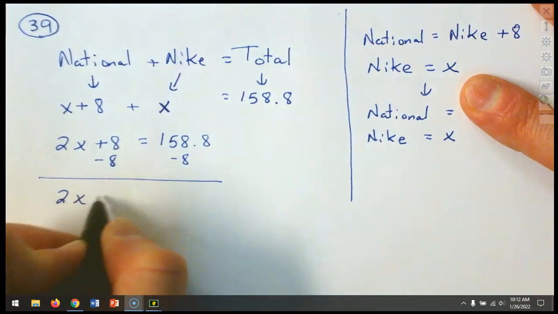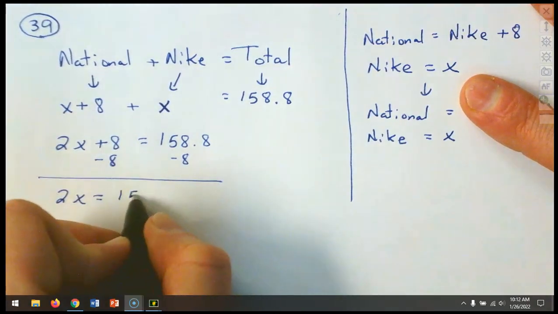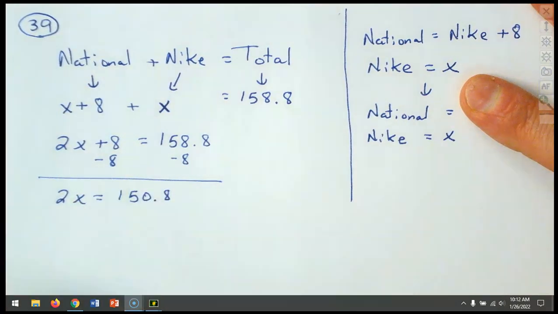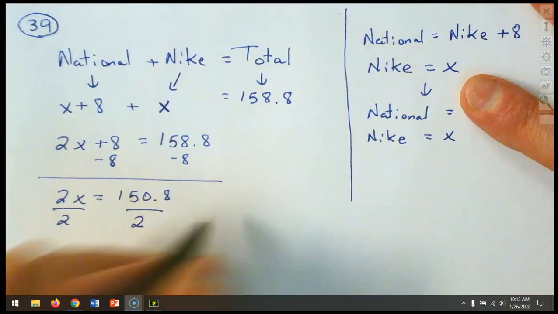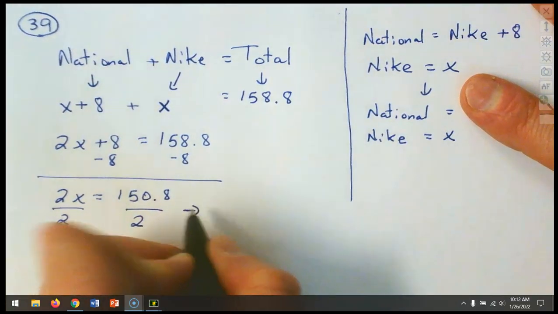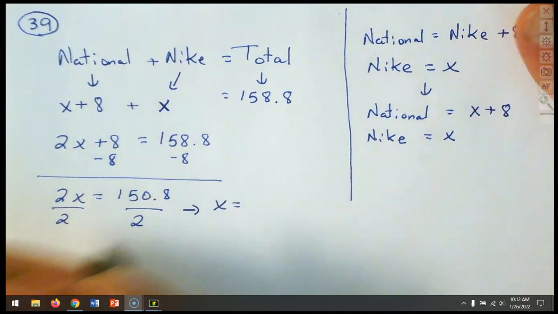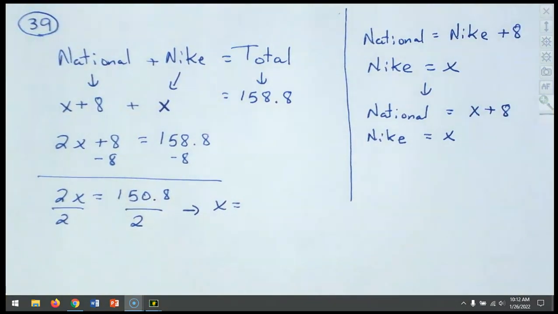So now 2x equals 150.8. We'll divide by our 2. And that gives us x equaling now what? When we divide 150.8 by 2, we end up with 75.4.